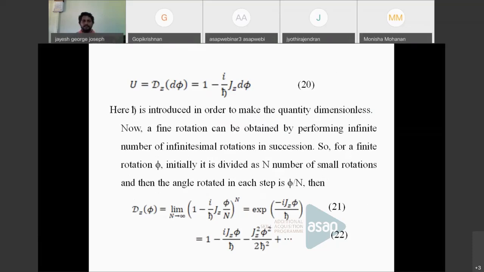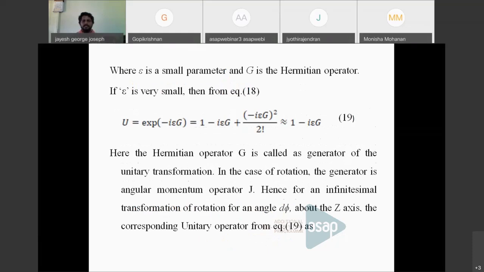This is our equation 19, U equals 1 minus i epsilon G, where G is the generator, here the angular momentum operator, and epsilon is a small parameter, here the rotation angle.